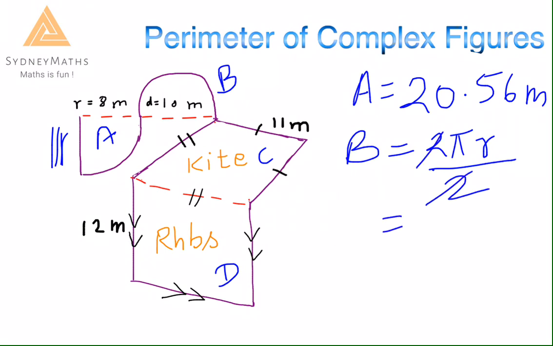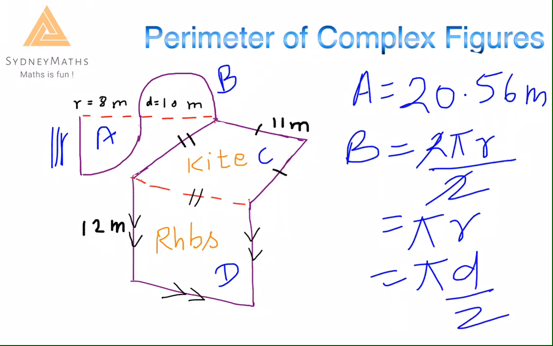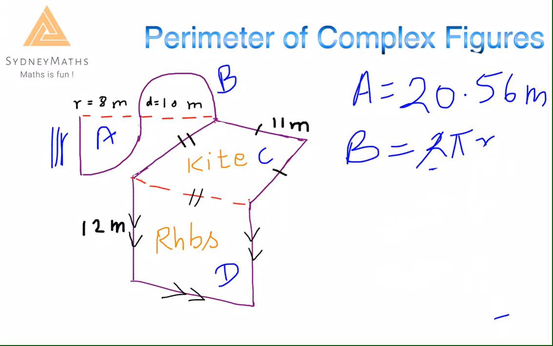So net, the formula for the semicircle is pi into r, which is equal to pi multiplied by diameter divided by 2. So if you calculate that for part B, the answer that you get is equal to 15.7. So the perimeter for part B is 15.7 meters.